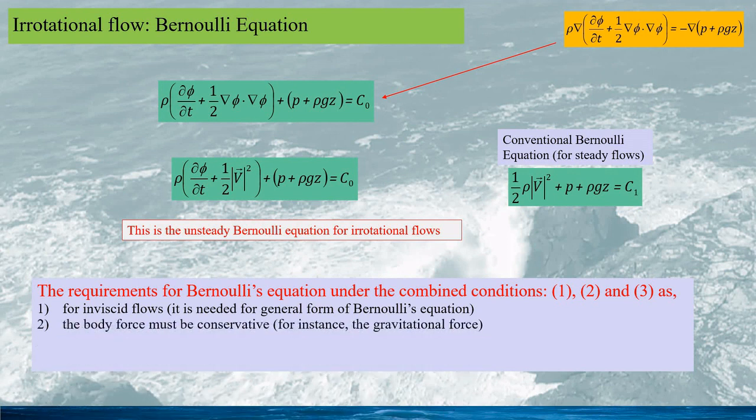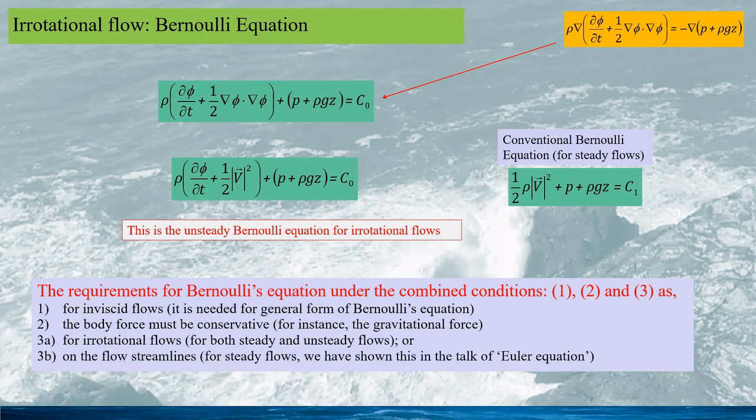The body force must be conservative. For instance, the fluid gravitational force is a conservative force. The flow is irrotational flow for both steady and unsteady flows. Or, on the flow streamlines, this is only for steady flows. And we have shown this in the talk on the Euler equation.